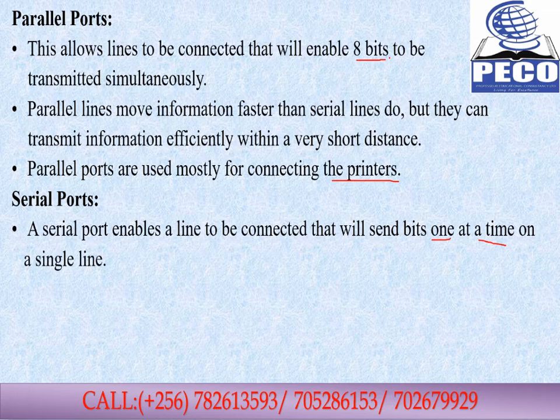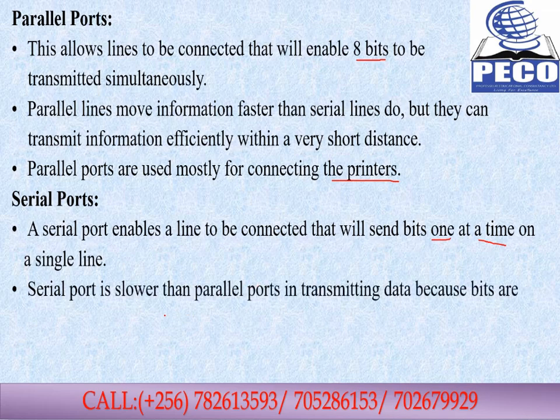So while the parallel port moves 8 bits at once, the serial port moves one bit at a time. So 8 lines in parallel allow 8 bits to move, but on serial it will be just one single line, allowing bits to move one at a time.